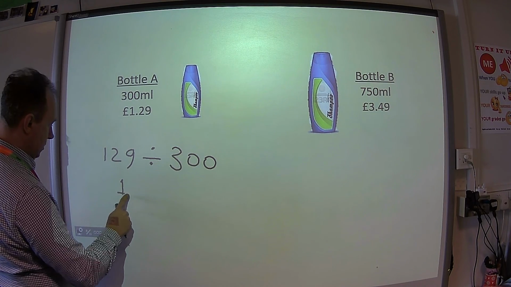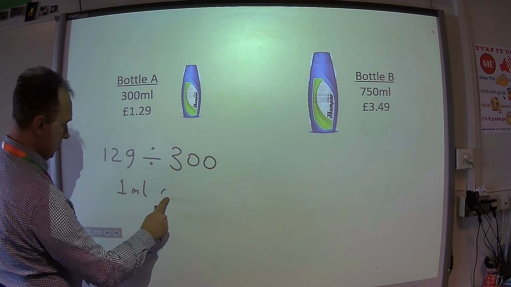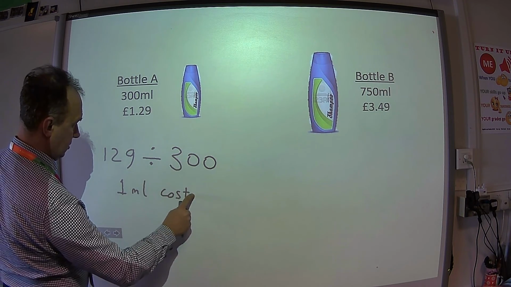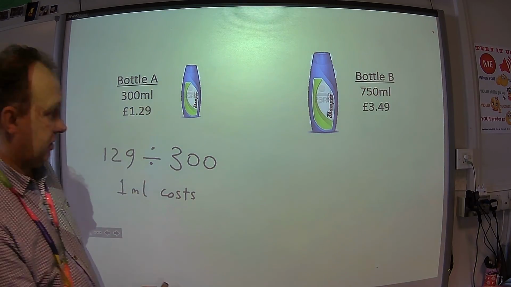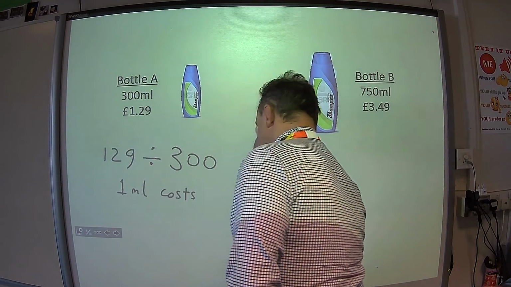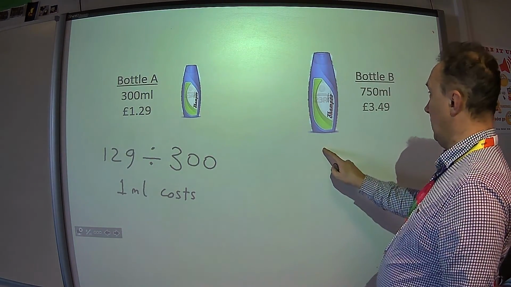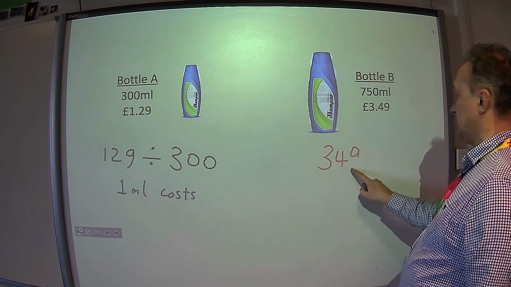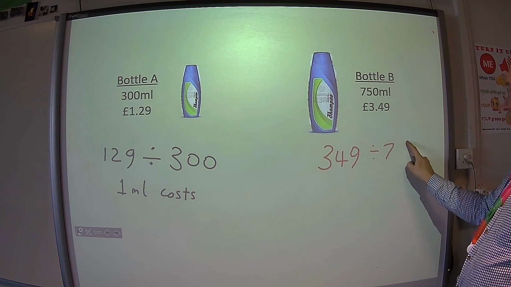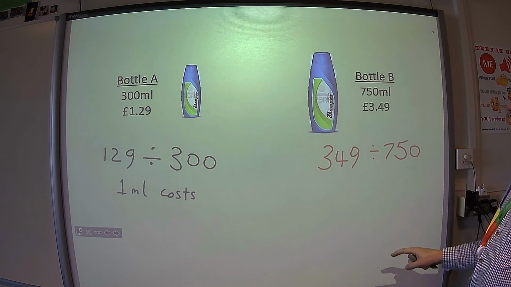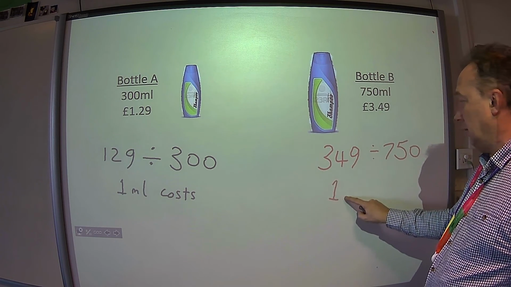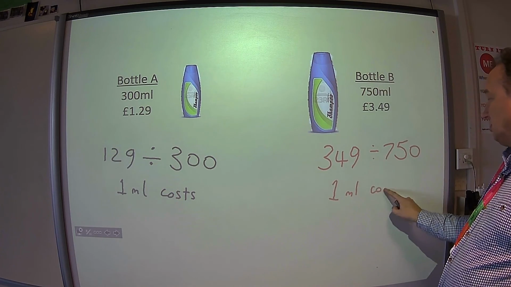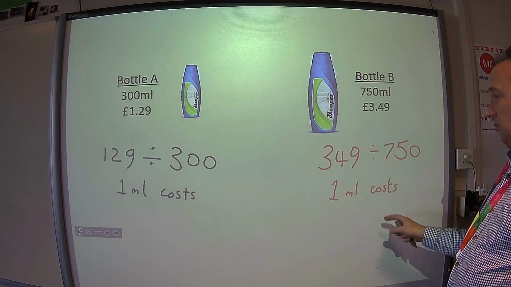So 1 millilitre costs, and we can do the same over there, so a different colour. Over here, this one is go for the money first, 349 pence divided by 750, and we get 1 millilitre costs, and we'll find out what that is.